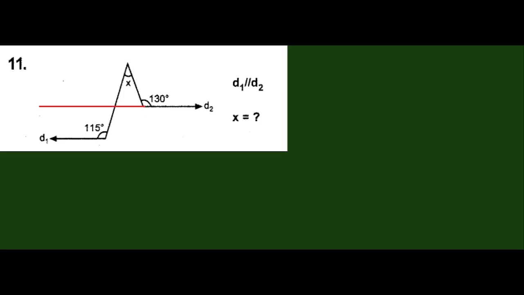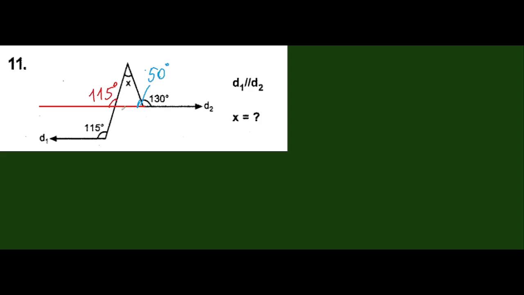And we know that if this is 115 degrees, this will also be 115 degrees. If this is 130, then this angle, let's put here with blue, will be 50 degrees, because when we sum up we get 180 degrees.